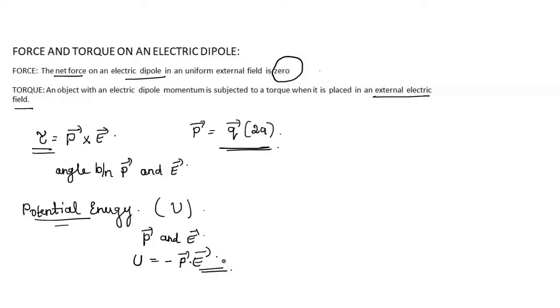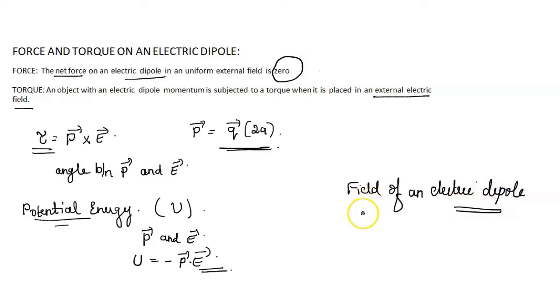So when we talk about the field of an electric dipole, it is the electric field of a pair of two charges. When we talk about a dipole, there will be two equal and opposite charges, plus q and minus q.